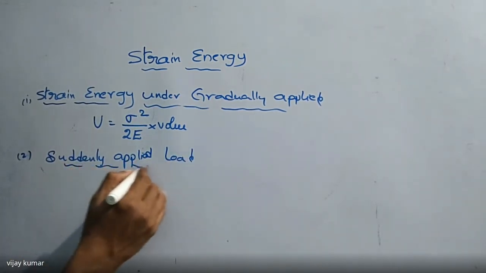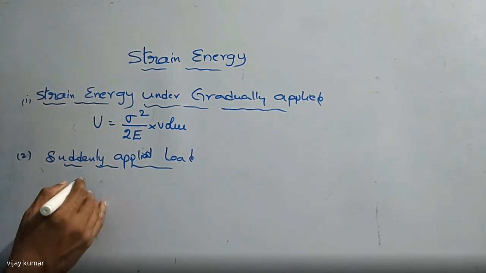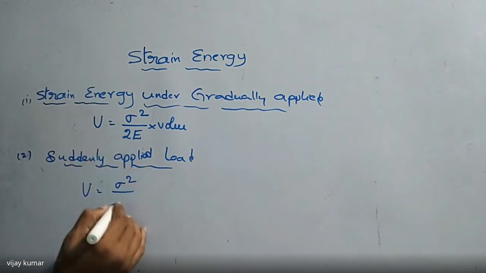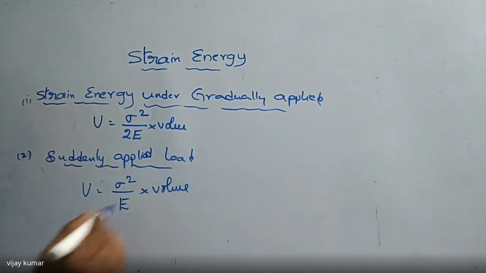In case of a suddenly applied load, we are not taking the average load. We are taking the direct load which is applied suddenly on the component. So U is equal to sigma square by E into volume, removing the 2 here. And the third one we are going to discuss now is strain energy under impact load.